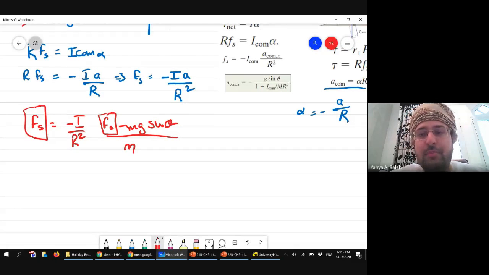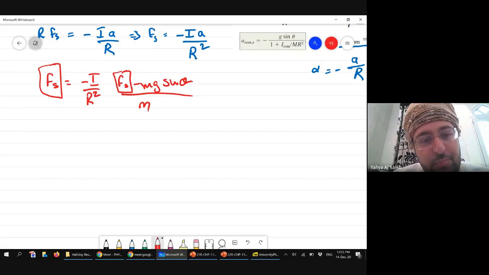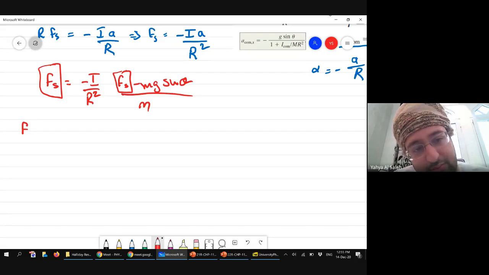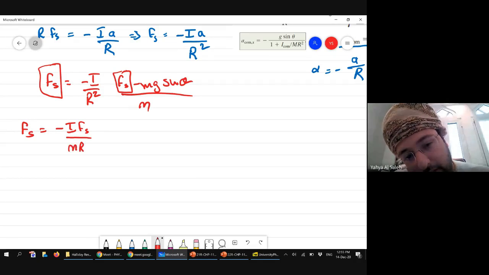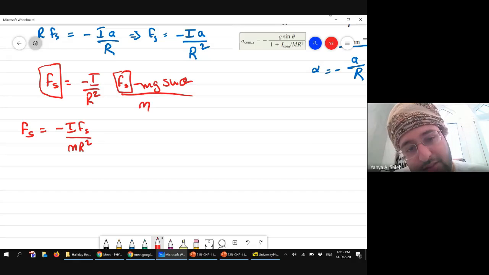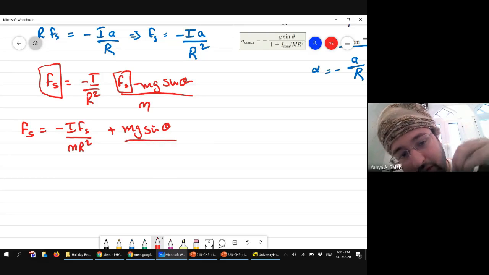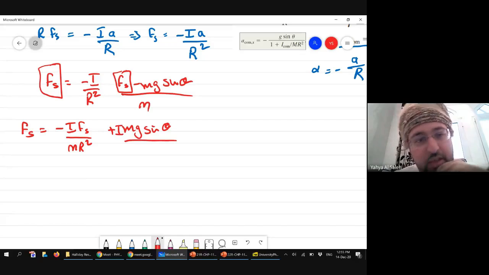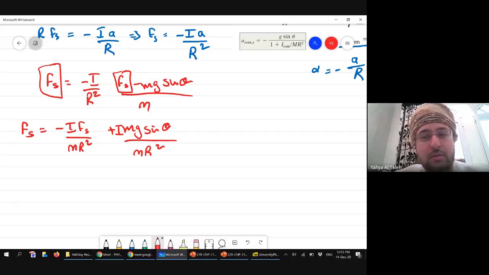And since I want to find what my friction is, this is not very useful. I need them all on one side. Okay, so I have no option but to write it this way. Fs equals minus I Fs over mr squared, minus minus is plus, plus mg sine theta divided by, oops, sorry, I forgot the I, minus I mg, plus I mg sine theta mr squared.